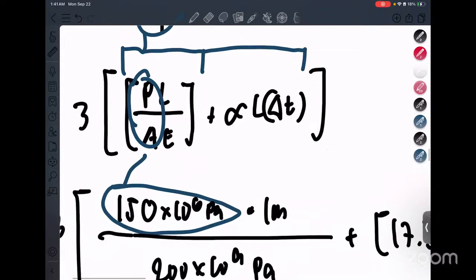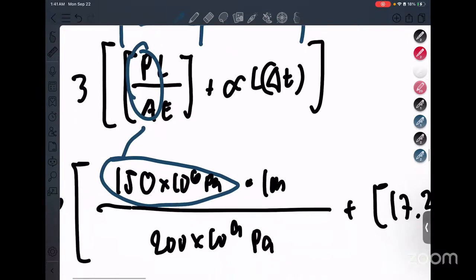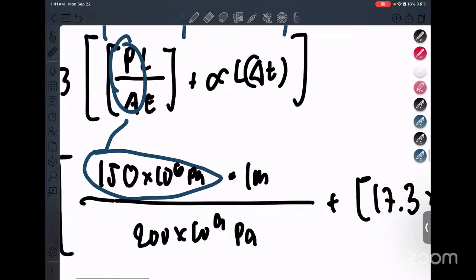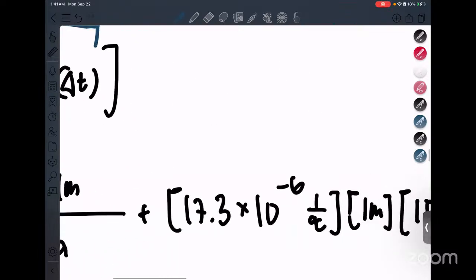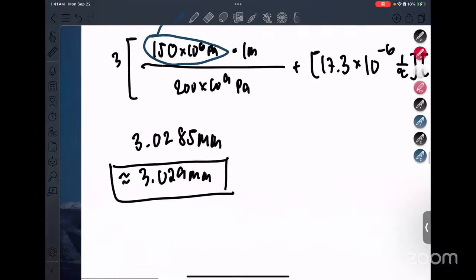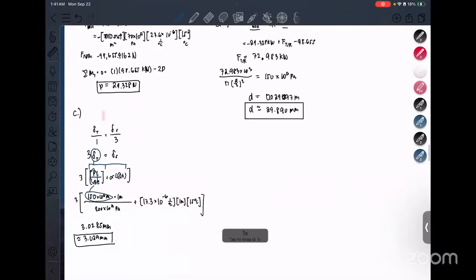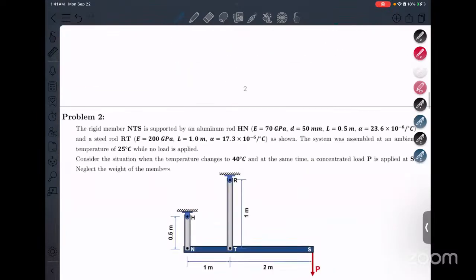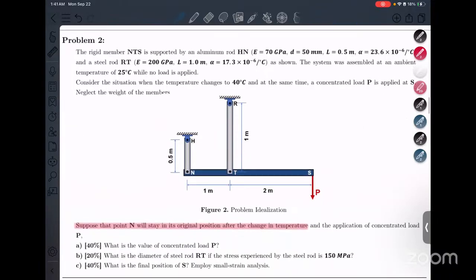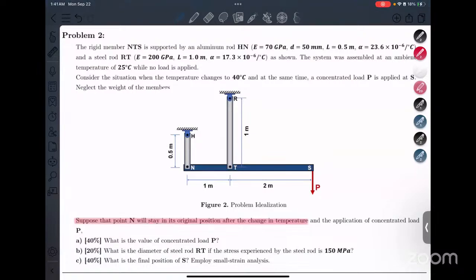It was given in the problem to be 150 megapascals. So we use that here. Then we multiply the length over E. And then we use alpha L delta T, and then calculated to get that. Ayan. Wow. 1 to 2 na kasi. Okay, so whatever. Ayan.